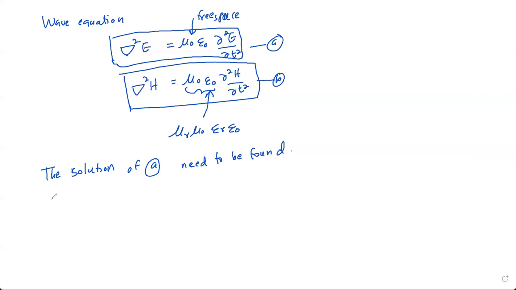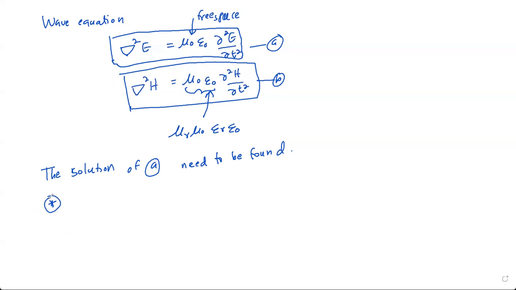So in order to analyze the simplest electromagnetic wave, we are going to make two assumptions. Under those two assumptions, we are going to consider a very simple scenario where the electric field and the magnetic fields only depend on the Z and time coordinates.